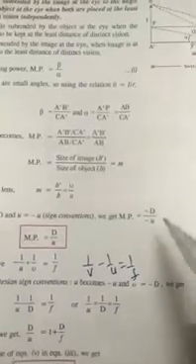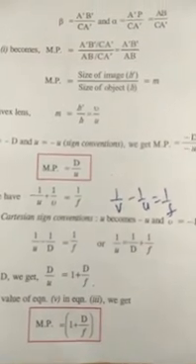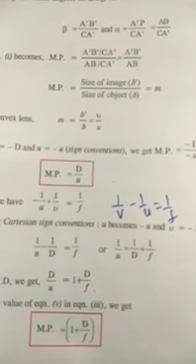Here distance of image is minus D, that is minus 25 centimeter, and distance of object is minus U. The magnifying power is equal to D upon U. Now for another expression, by taking the lens formula, U is minus U and V is minus D, putting the values, D upon U becomes equal to 1 plus D upon F. This is the magnifying power of the simple microscope when the image is at least distance of distinct vision, that is 1 plus D upon F.